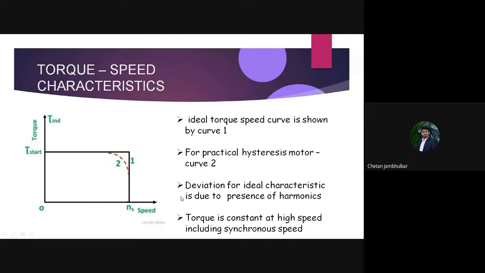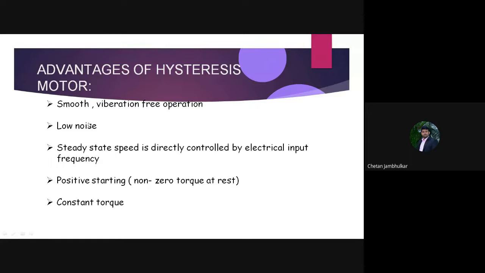Torque is constant at high speed including synchronous speed. The advantages of the hysteresis motor: smooth, vibration free operation, low noise, steady state speed directly controlled by the electrical input frequency, positive starting, and constant torque. So this is a smooth and vibration free motor, it has very low noise, and the steady state speed is directly controlled by the electrical input frequency.